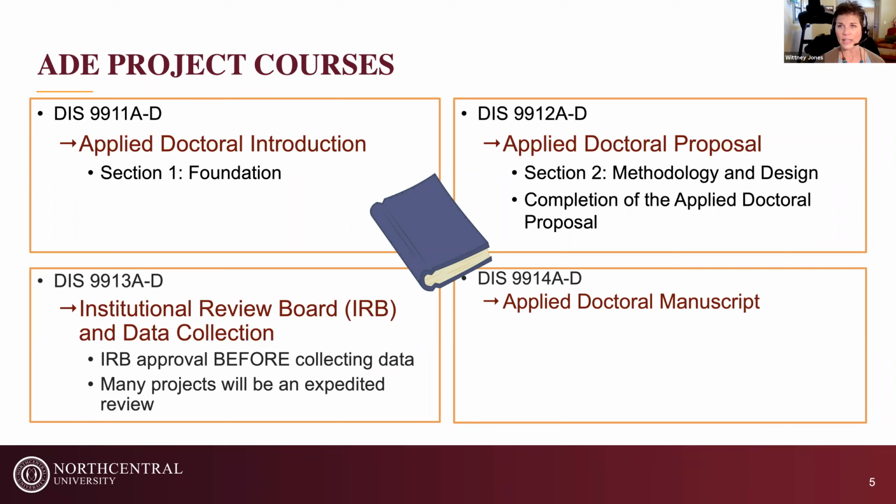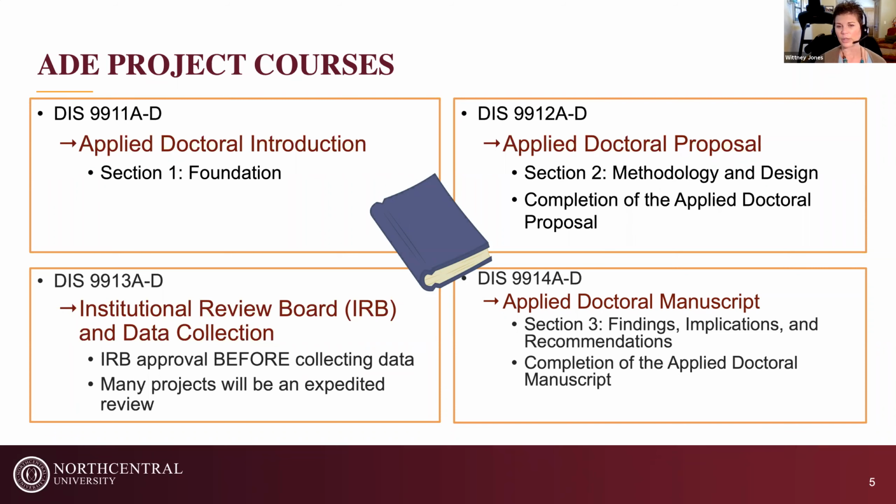And the second deliverable is a completed manuscript. So that's sections 1, 2, and 3 all combined. And then you do a professional presentation and defense where you meet with your committee, you present your project, you talk about it, you allow the committee to ask questions, and then that would be the end of that course.